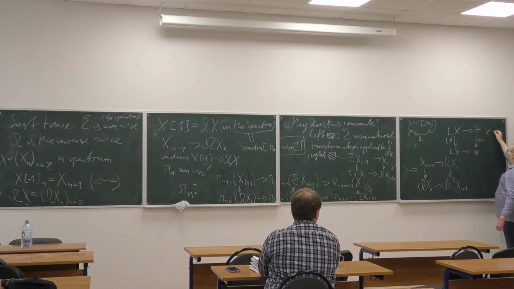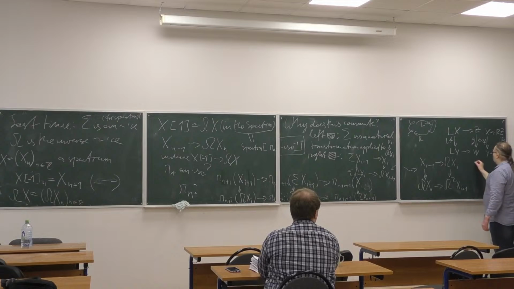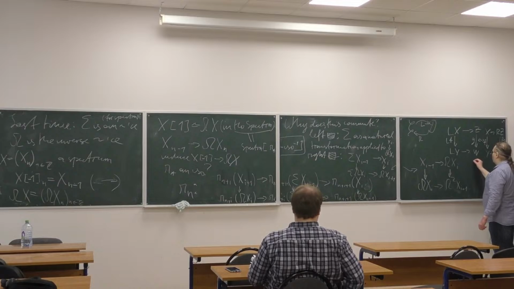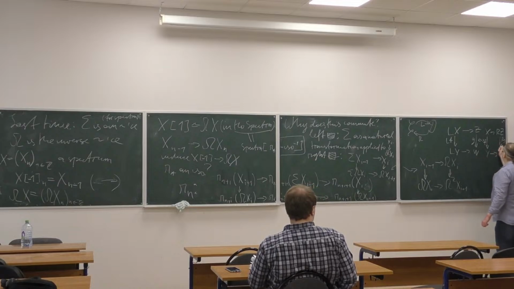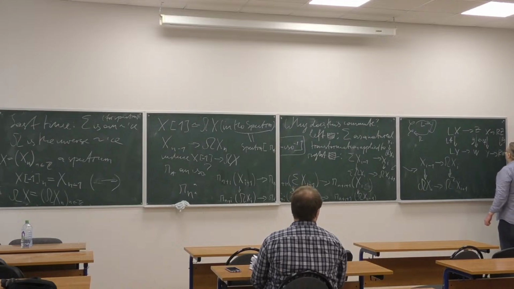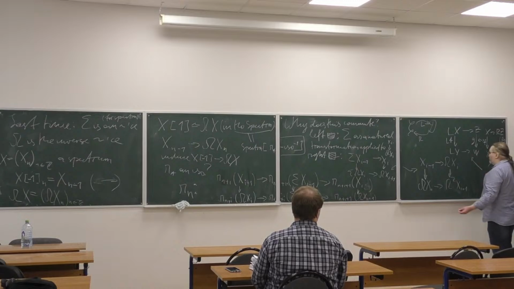we can also form the diagram. So if this is G, then here I put RG, and yes, sorry, W. So these diagrams, if one commutes, then so does the other.